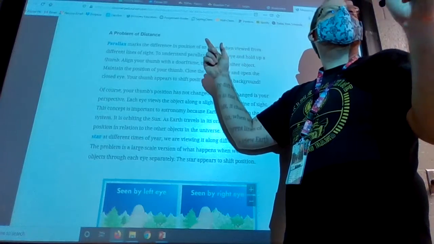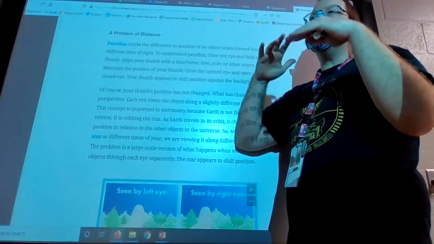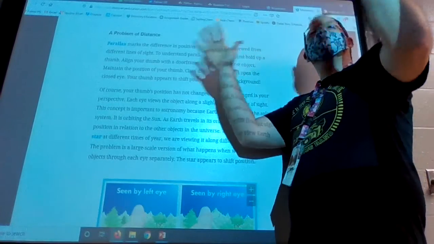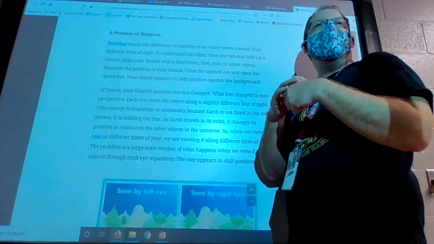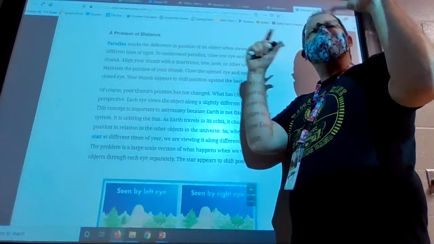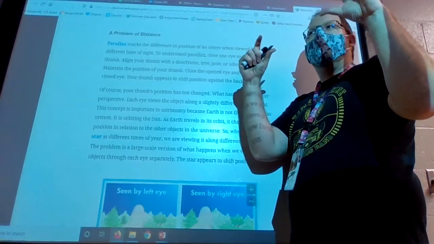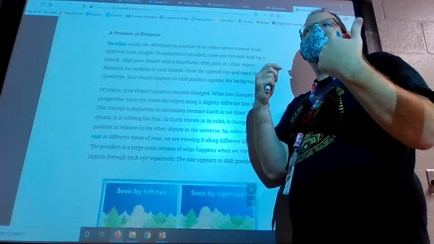So here's the main point that we're getting to. How do we see things that are so far out and actually know how far away they are from us? If you've ever looked through binoculars or a telescope, it's really hard to get a sense of how far away things are.